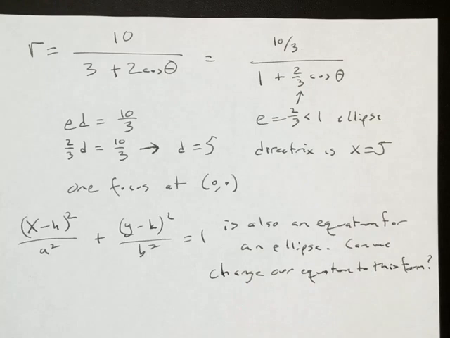And one of the questions I often get is, well, can I switch? Can I move from a polar equation to an xy Cartesian equation? Because I like x and y better. Those are easier to deal with, even though this equation is messier than the polar one. And the answer is yes, provided we can find four numbers. I need h, I need k, I need a, and I need b.